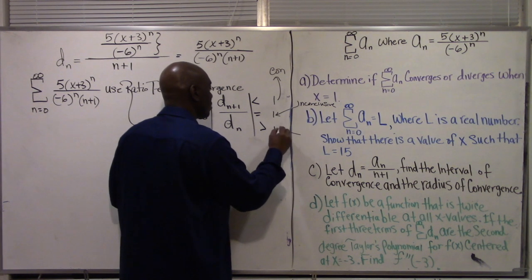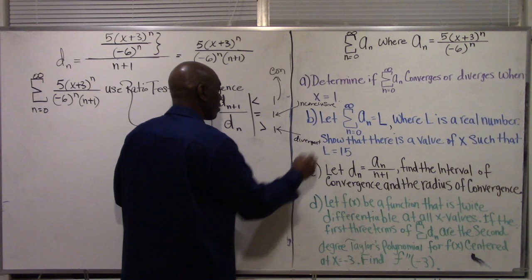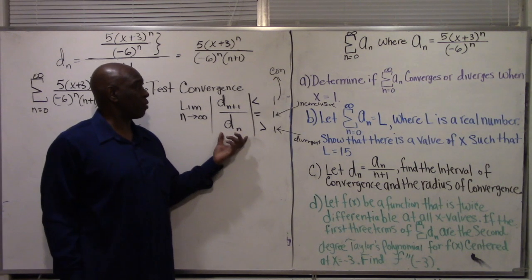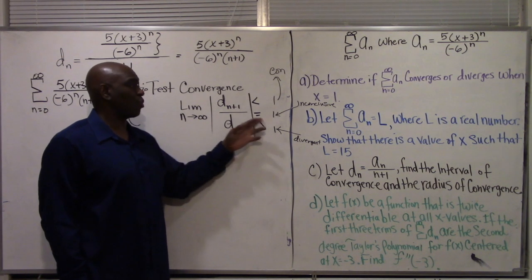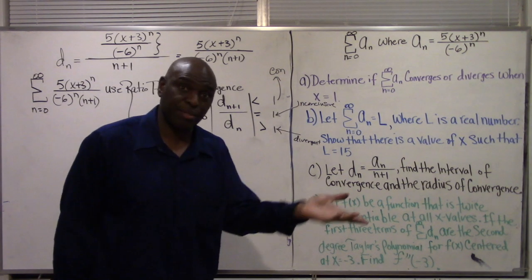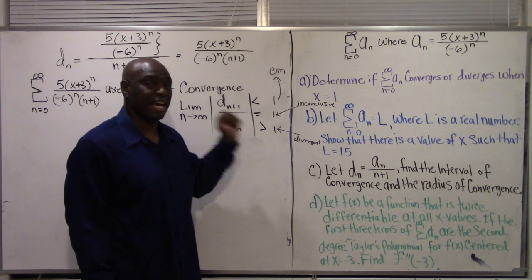And this one is divergent. All depends on which one it is. So, in using the ratio test, if I'm less than 1, I converge. If I equal 1, I'm inconclusive. Inconclusive means the test fails. Find another test. If I'm greater than 1, then the series is divergent.